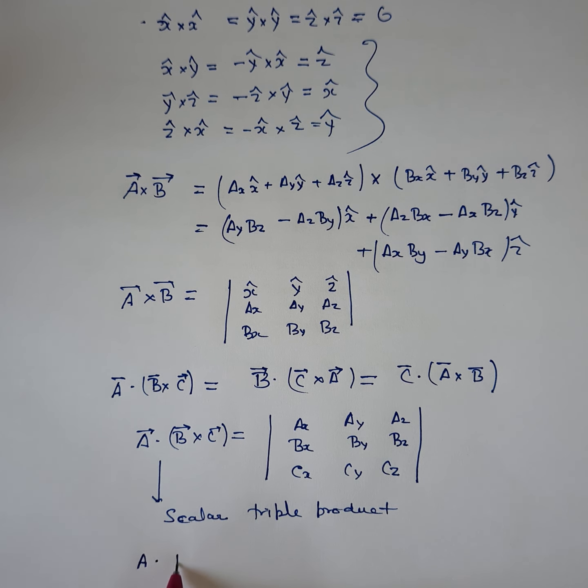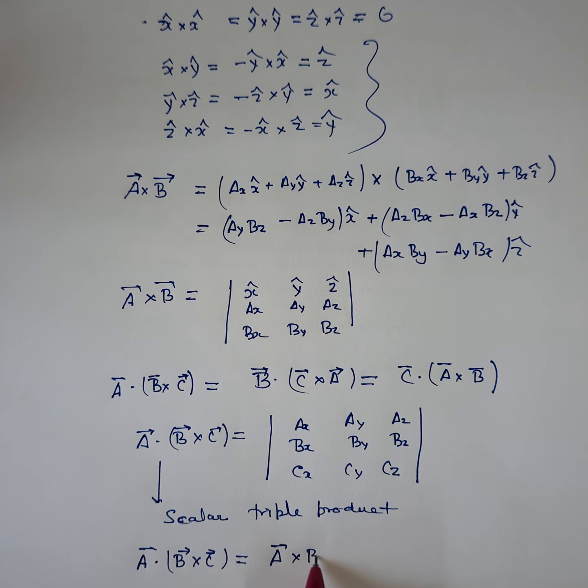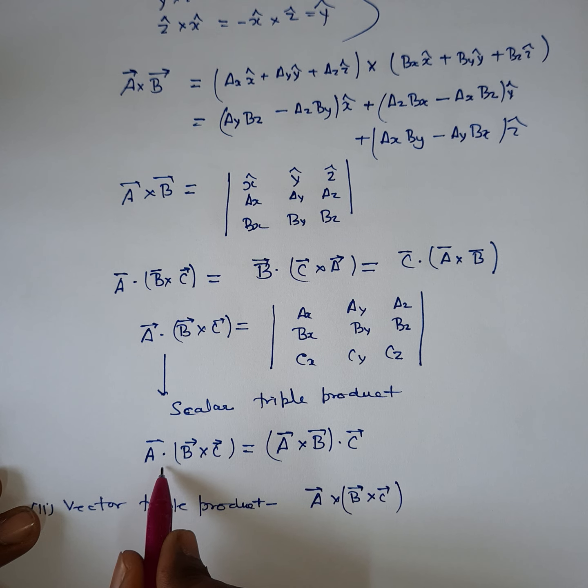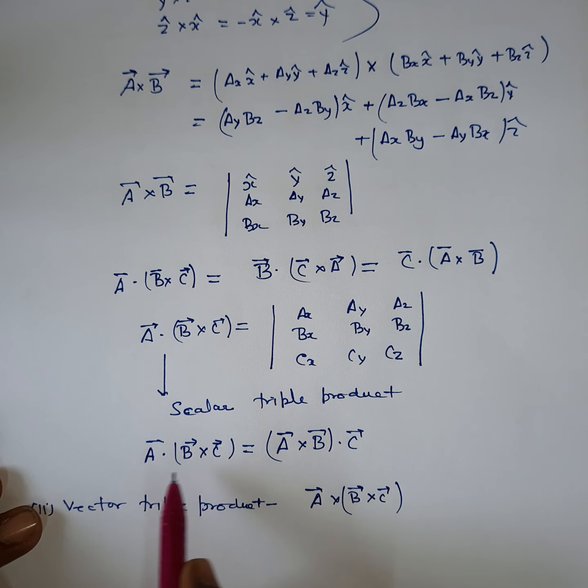So A dot B cross C can be written as A vector cross B vector dot C vector. So this was the scalar triple product, as it gives a scalar quantity at the end.